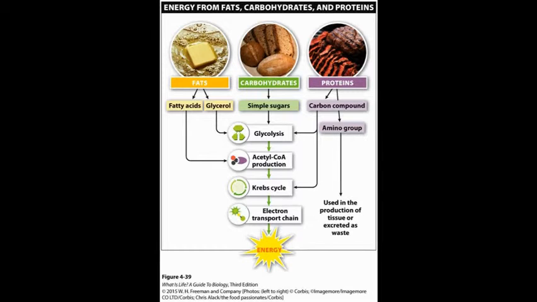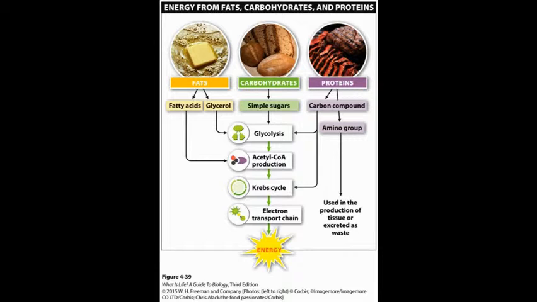In the case of dietary carbohydrates, many are polysaccharides, multiple simple sugars linked together, rather than solely the simple sugar glucose. Before they can be broken down by cellular respiration, the polysaccharides must first be separated by enzymes into glucose or related simple sugars.